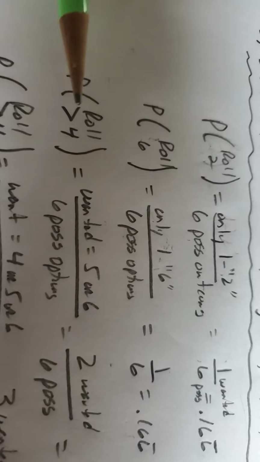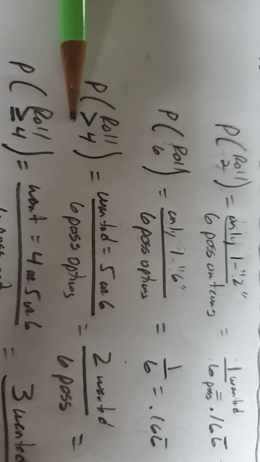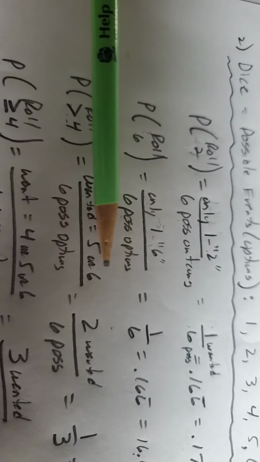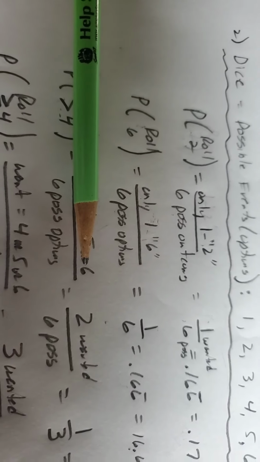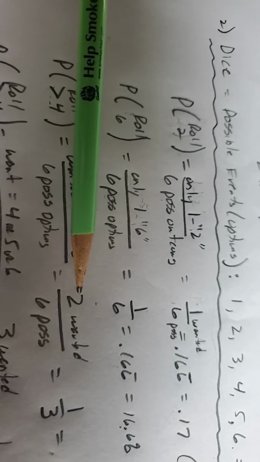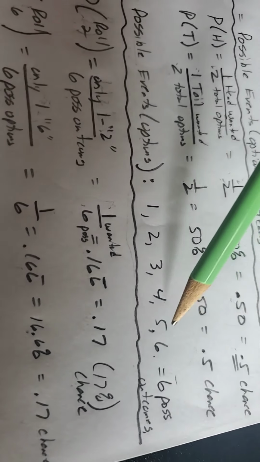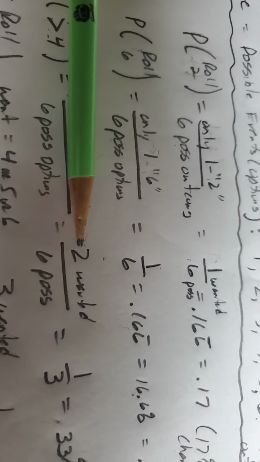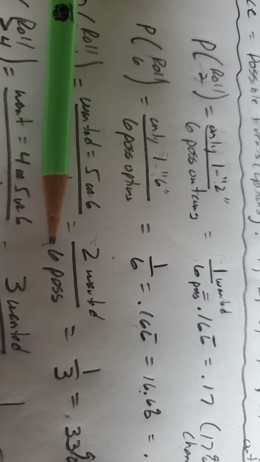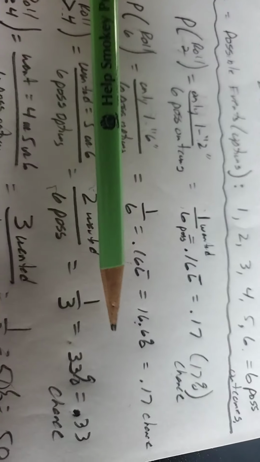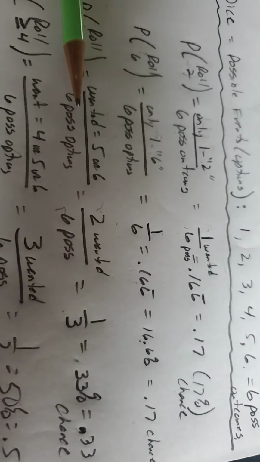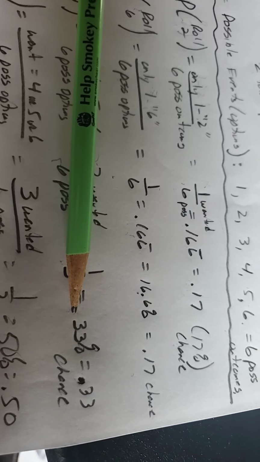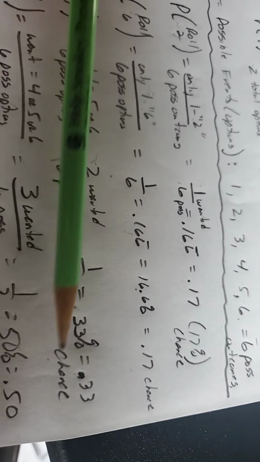Okay, but this is read: what's the probability of rolling something greater than 4? Well, the only things greater than 4 that I would want to roll are a 5 or a 6. So there are 2 wanted outcomes. I would be happy with a 5 or a 6. There are still 6 possible outcomes. So I have a 1 in 3 chance of rolling something greater than a 4. So that's 33%, or 0.33 probability.